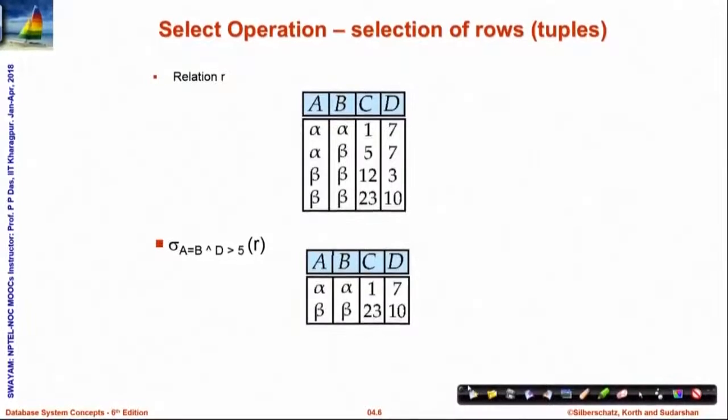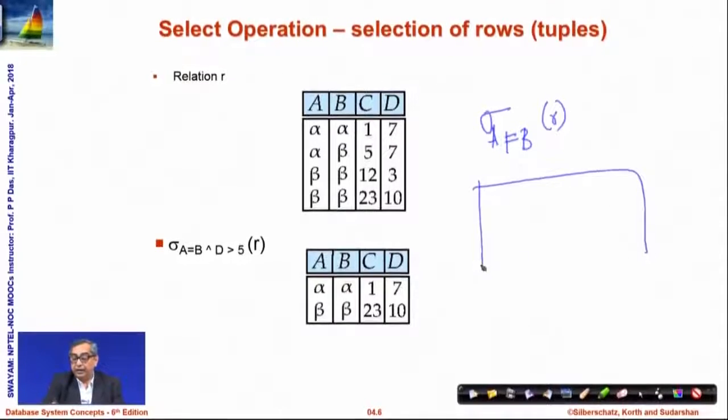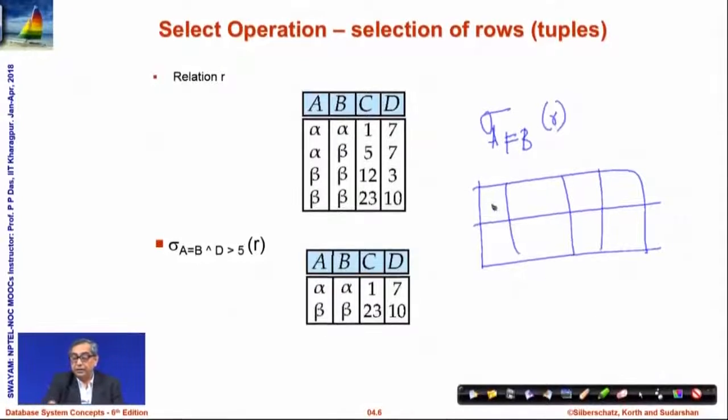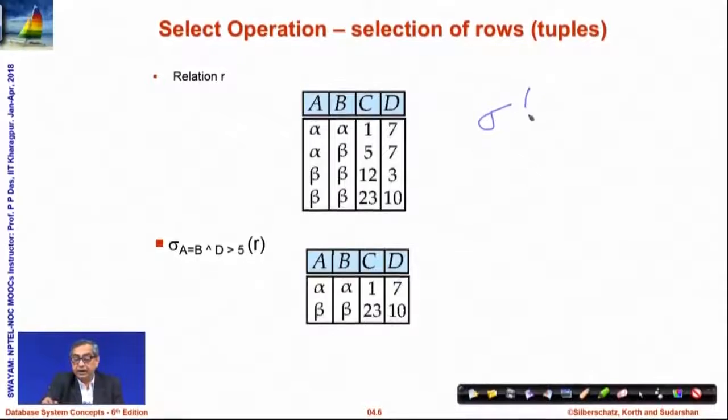But the set of columns does not change; they remain the same. For example, if we say sigma A not equal to B R, then naturally I will have a relation with fields A, B, C, D, and that relation will be only this row, because that is the only row where A is not equal to B. I can have a selection on R where C is greater than 0.